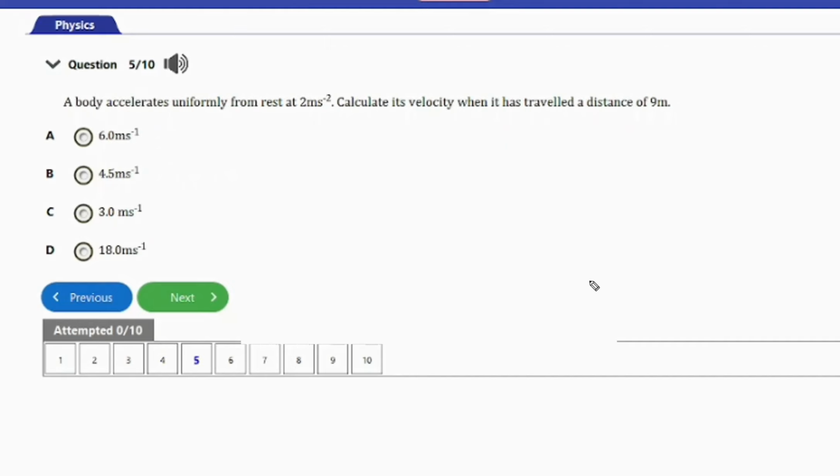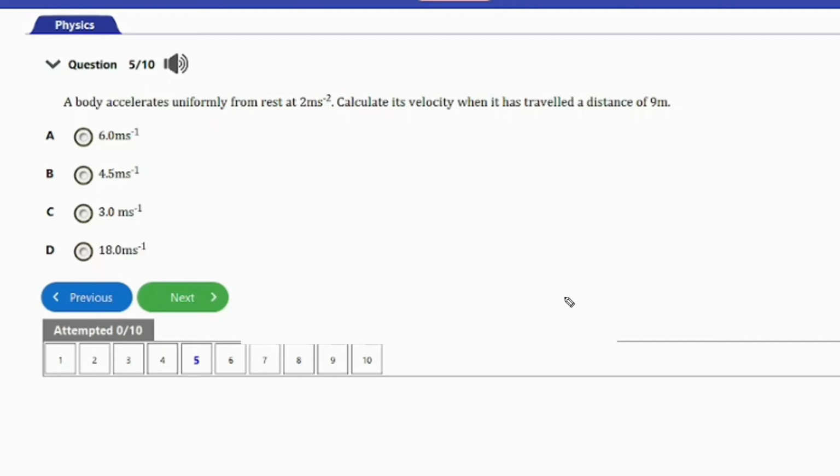So guys, the next question we have here is question number 5. It says, a body accelerates uniformly from rest at 2 meters per second squared. Calculate its velocity when it has traveled the distance of 9 meters.